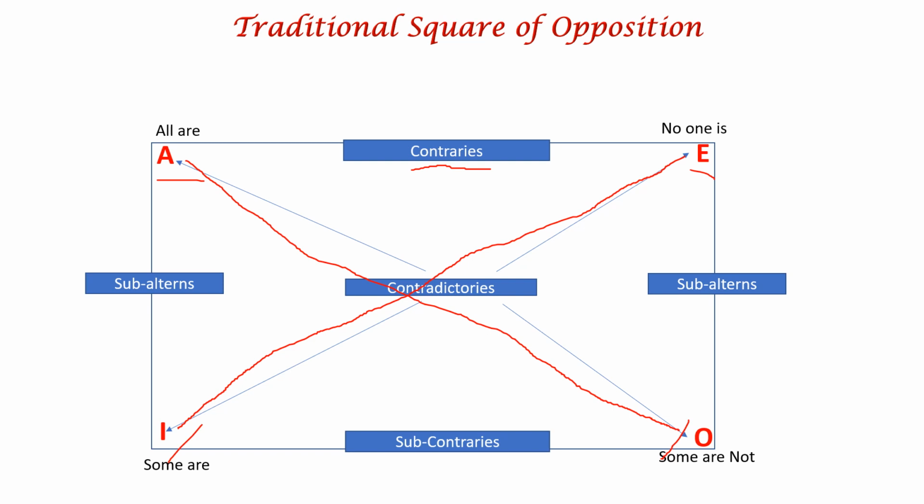And the relationship between I and O is sub-contrary. And the relationship between A and I is subaltern. And also the relationship between E and O is subaltern.